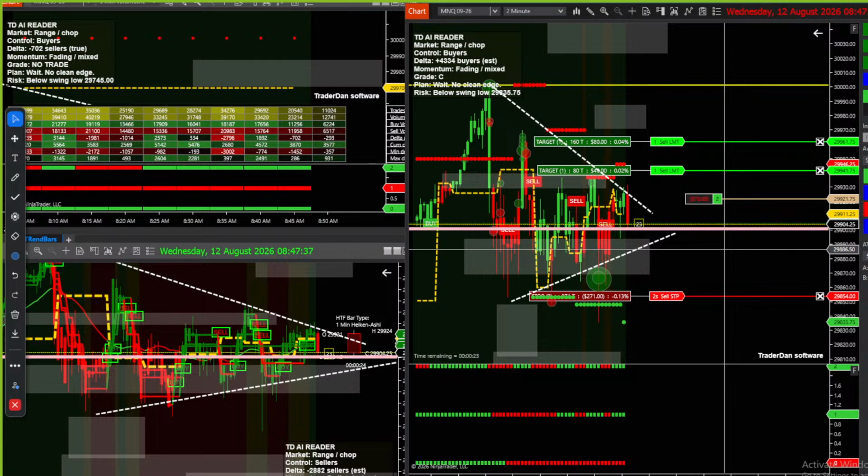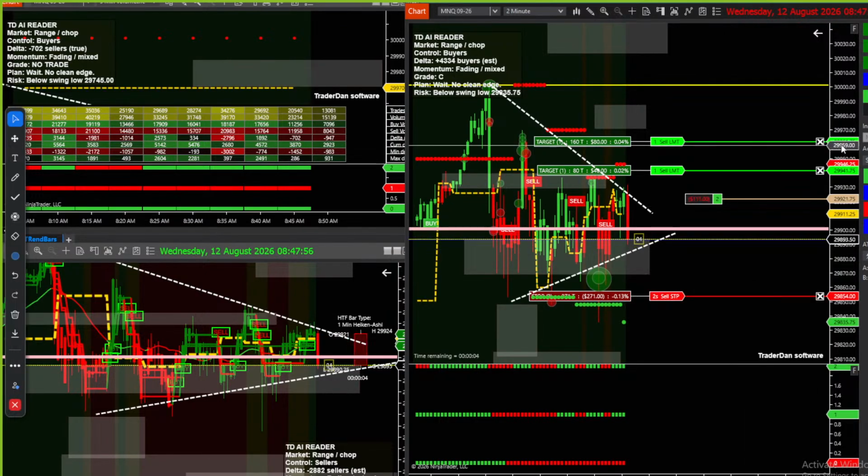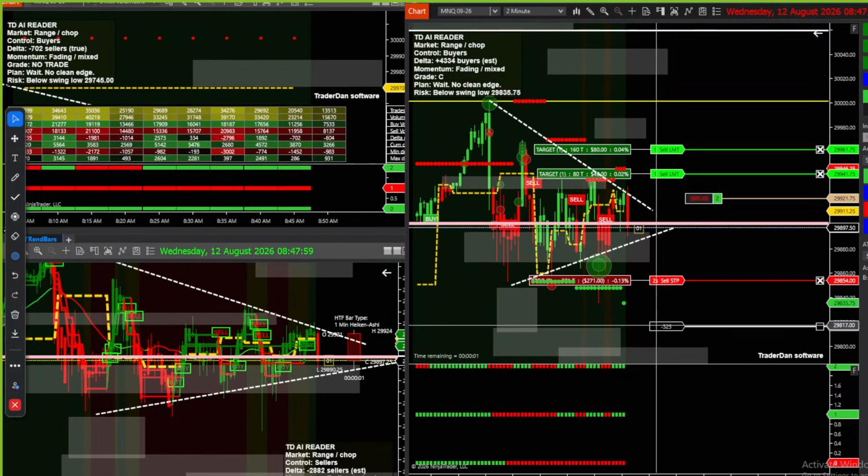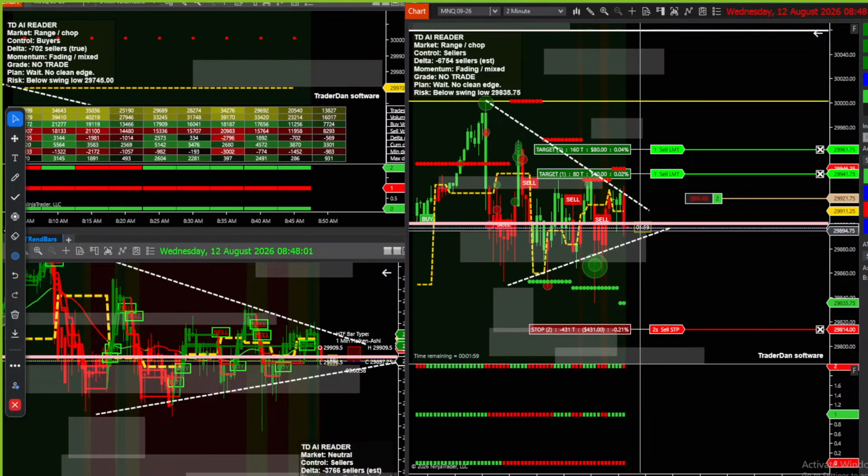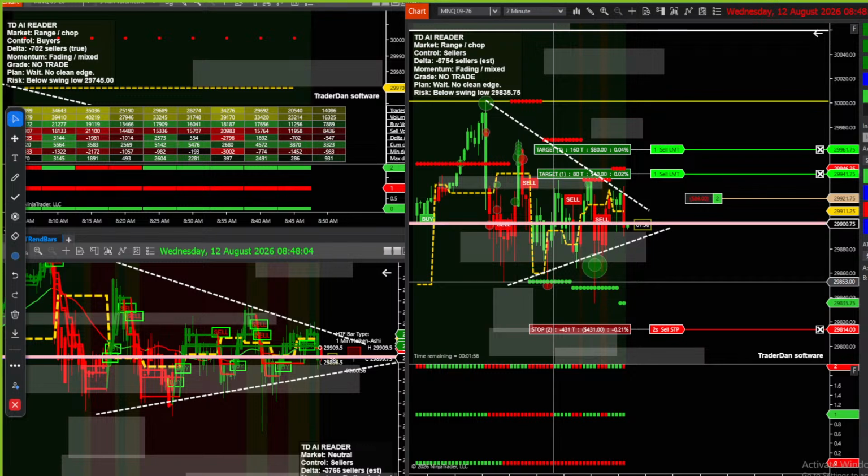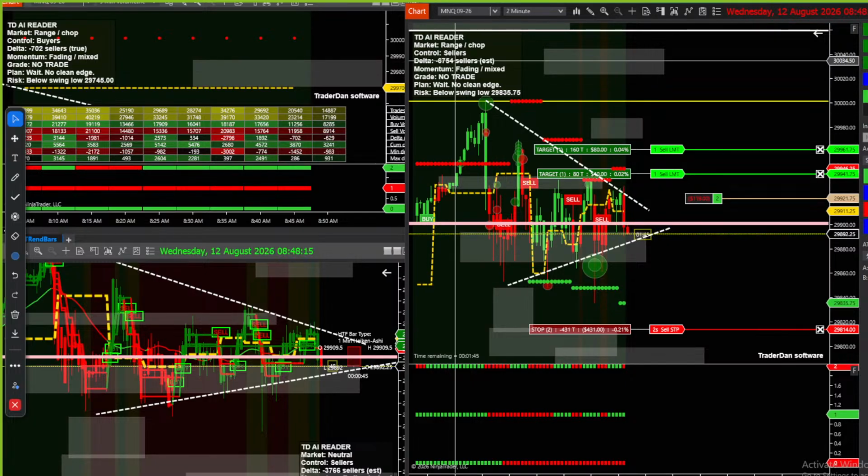Guys, I tell you what, man. This is just garbage. Serious chop. This is worse than yesterday. We're going to hold this, or we're going to break through it. Sellers showing back up again, guys.